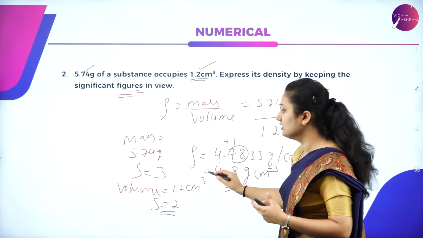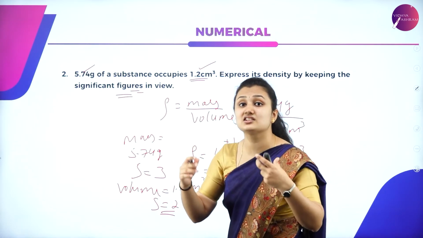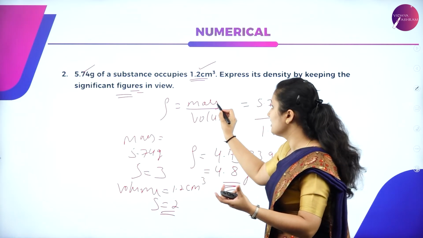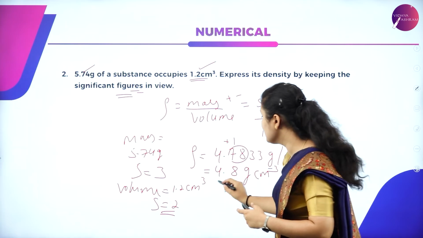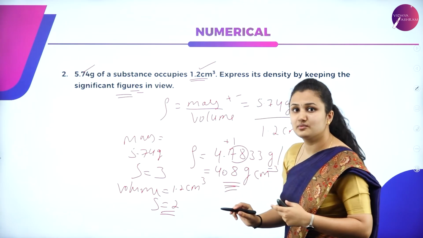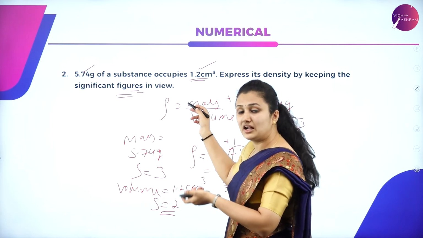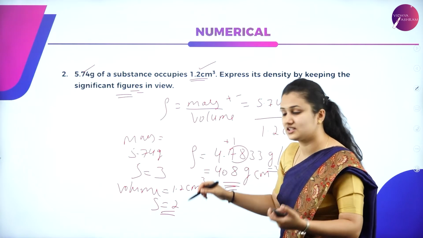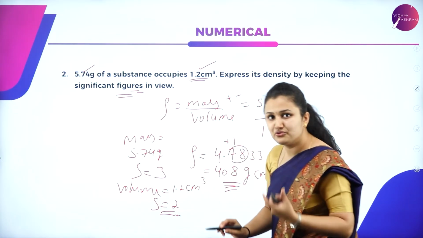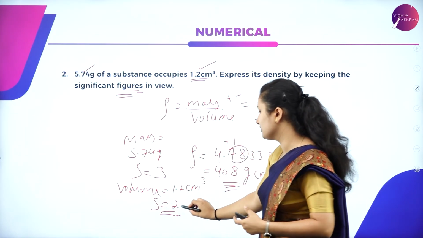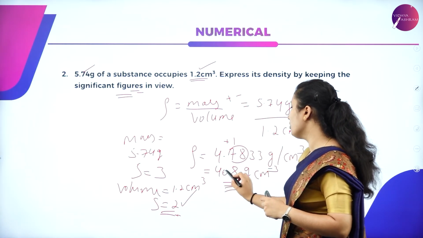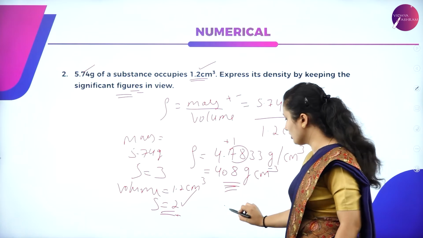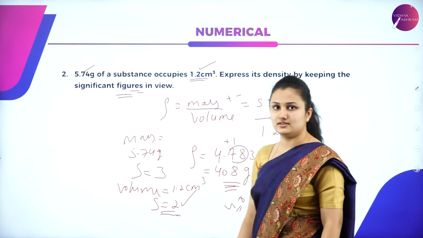When it is addition or subtraction, you consider least decimal places. Since it is multiplication or division, you should consider least significant figures. Volume has least significant figures. So, it is 4.8. 4.8 is my answer.